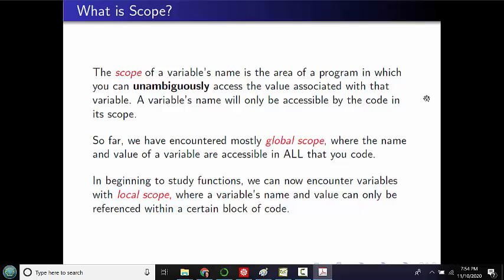However, when we first introduced functions, we were now creating an environment where we could have something called local scope, where we can create a variable and give a name to that variable. However, we're only able to access the contents of that variable when we're within a certain block of code. And in this particular example, when we're inside of a function definition.